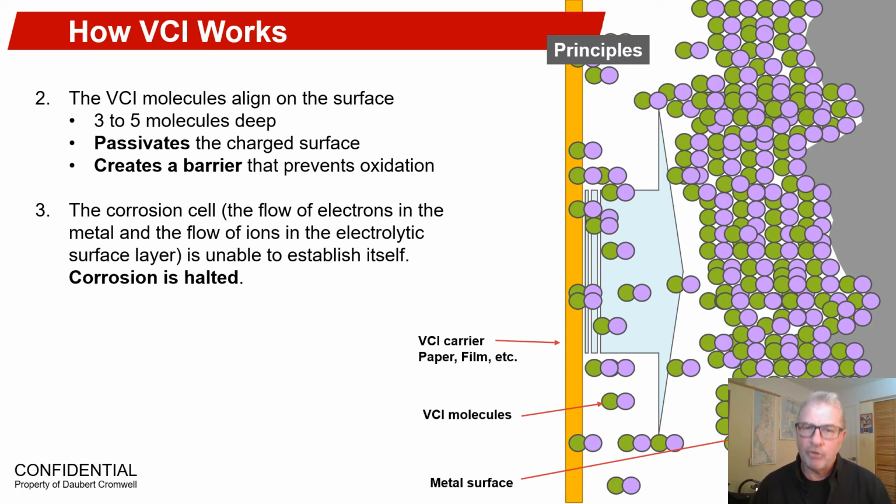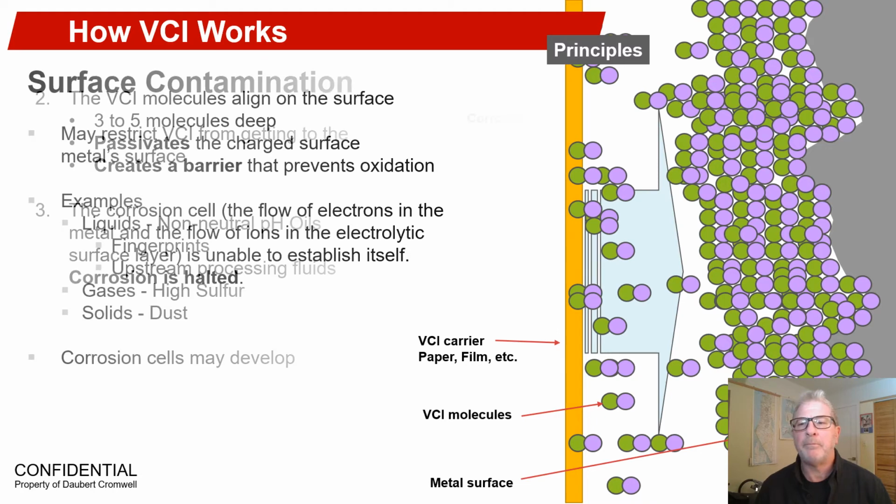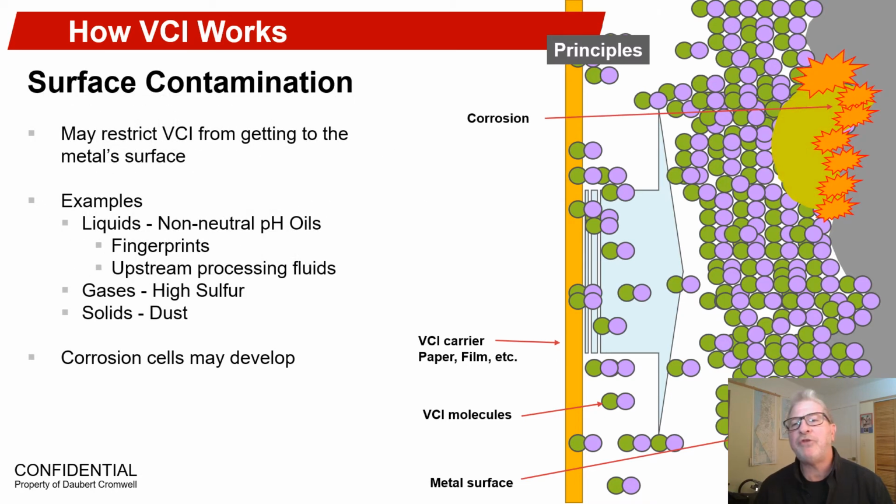Parts wrapped in Daubert Cromwell packaging remain corrosion-free for as long as the package stays intact and the part is insulated from corrosive elements. This gets us to the point of corrosive elements. VCIs require that best practices are implemented.